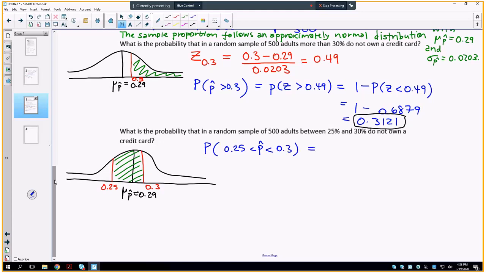That's equal to the probability of p hat less than 0.3, minus the probability of p hat less than 0.25, and I'm going to convert those to z-scores.